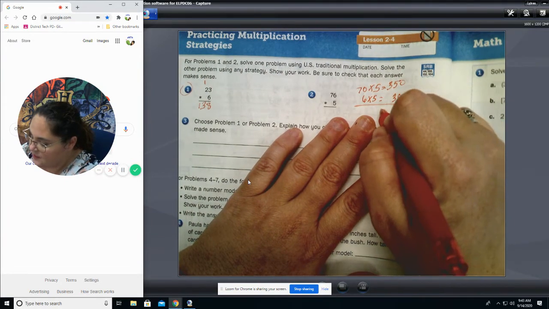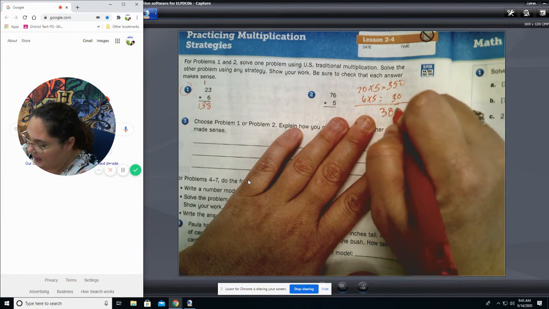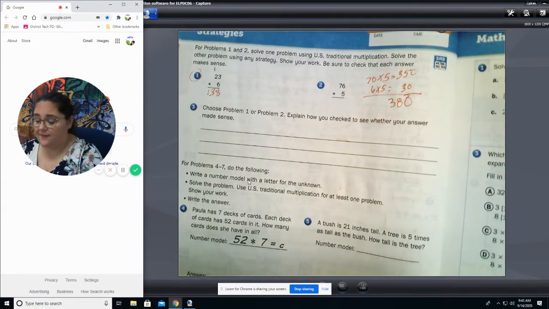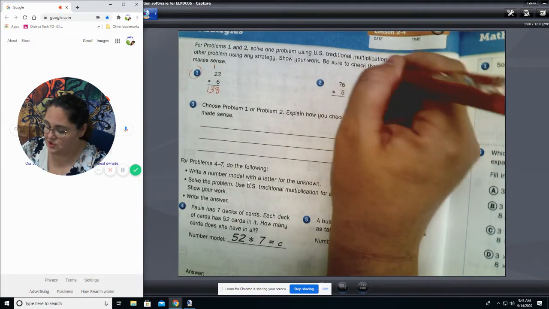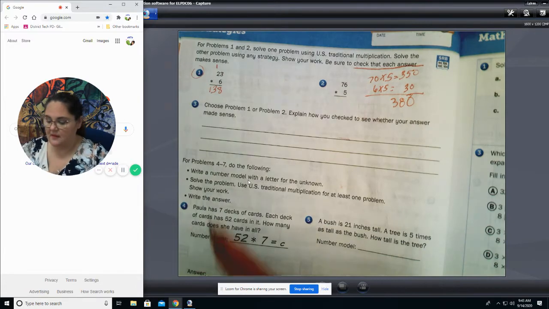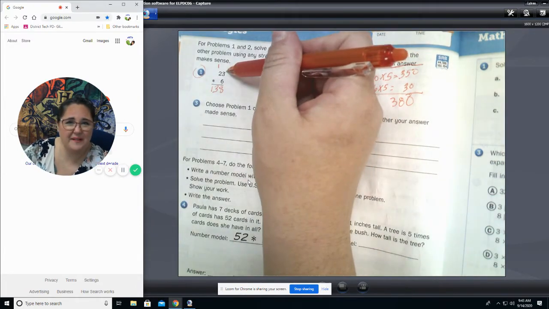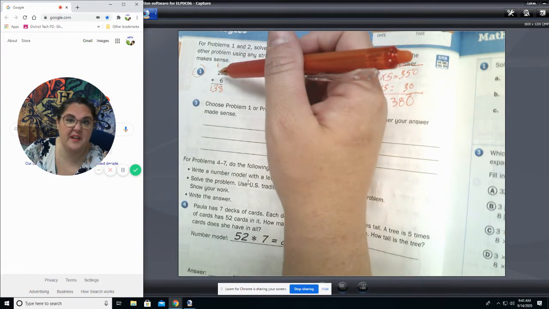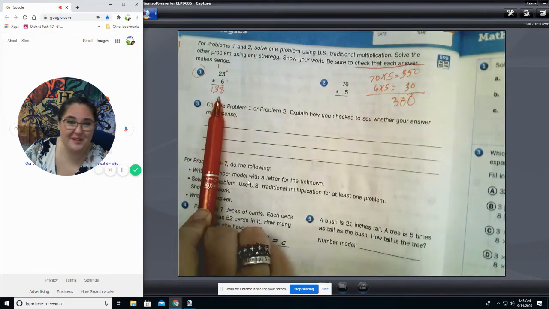And then if I add those together, I get 380. 380. Now, very, very important. It says be sure to check that each answer makes sense. 23 is about 25. It's about like a quarter. So if I have 6 quarters, I have about $1.50, right? That's really close to $1.50.